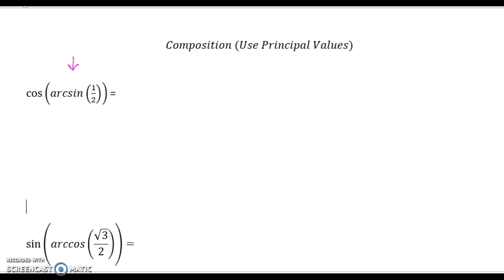Start inside your inner parentheses. What angle has a sine value of 1/2? That would be pi over 6. Then you're going to find the cosine of pi over 6. The cosine of pi over 6 is square root of 3 over 2.